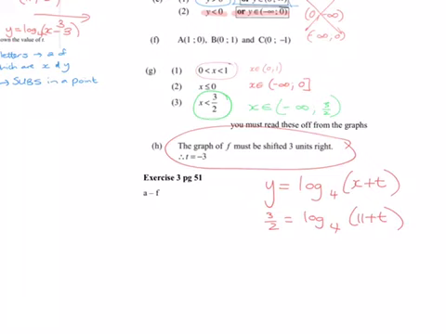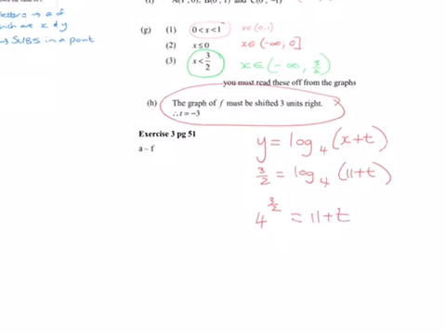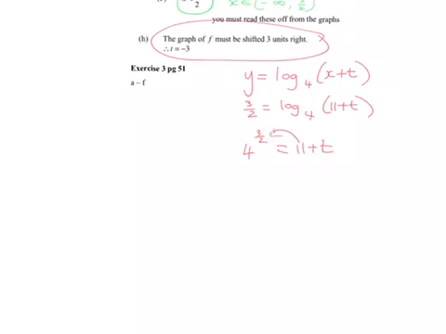So then you're able to work out your base 4 to the power of 3/2 equals 11 plus t, and then so in your calculator you can take that across, and it would end up being that because the 4, remember 4 is 2 to the power of 2, our 2's cancel, minus 11, so that becomes 2 to the power of 3 is 8 minus 11, which is negative 3. So you can do it algebraically if you don't see the shift. All right, so it's just quicker and easier just to do it the shift way.